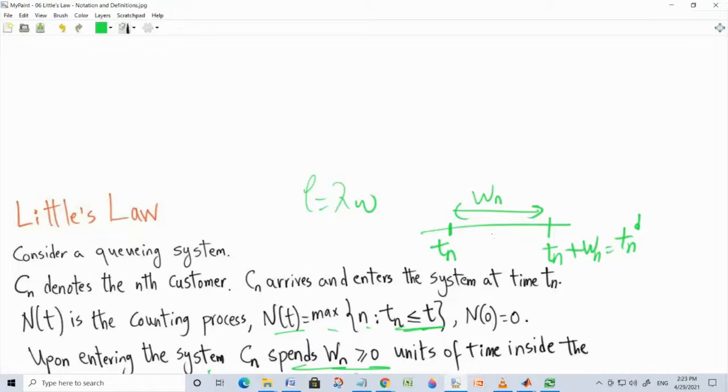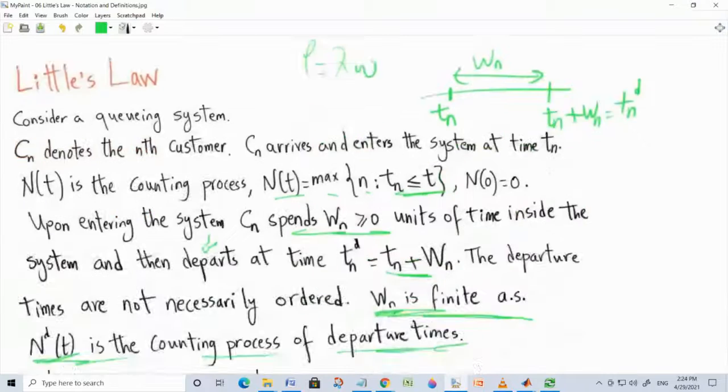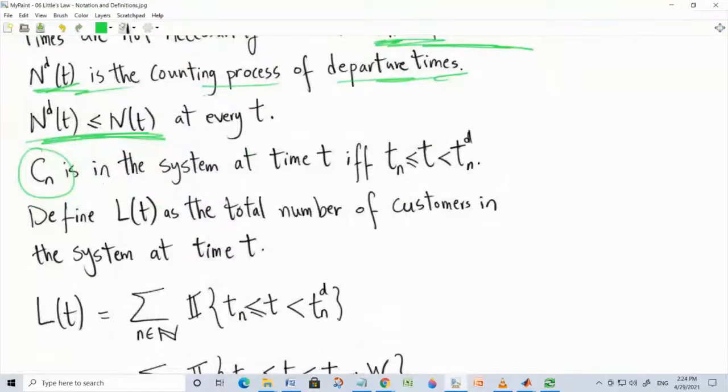For customer n to be counted when you count the customers at time t, it must be the case that t is somewhere between Tn and Tn plus Wn. Customer Cn is in the system at time t if and only if t is between Tn and Tnd.